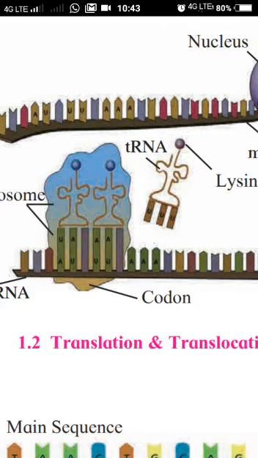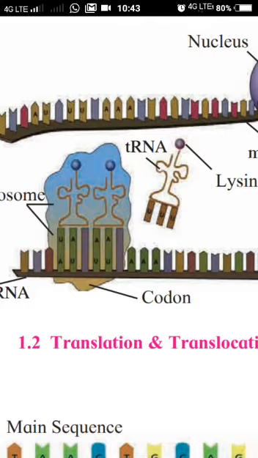Now it has a printed message. Each triplet codon has a certain message. So as we know, the nucleotides present on this mRNA will be adenine, uracil, guanine, cytosine. Like this, out of these 4 only there will be the nitrogenous bases.